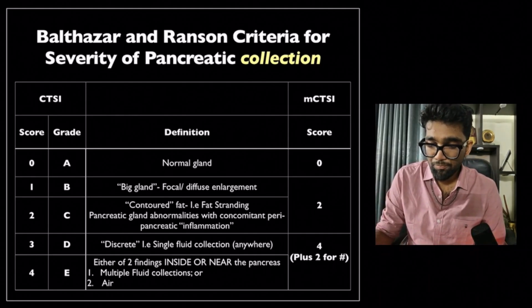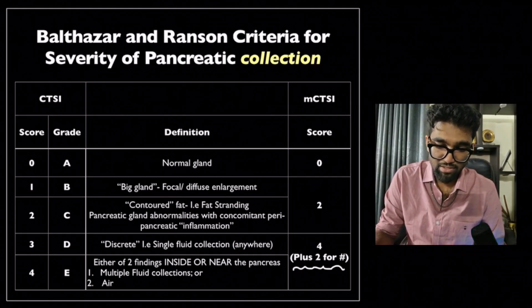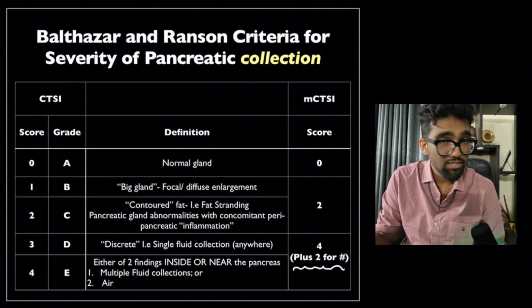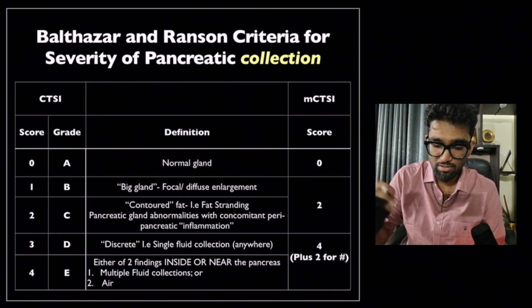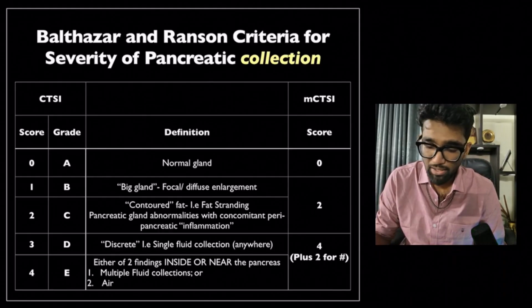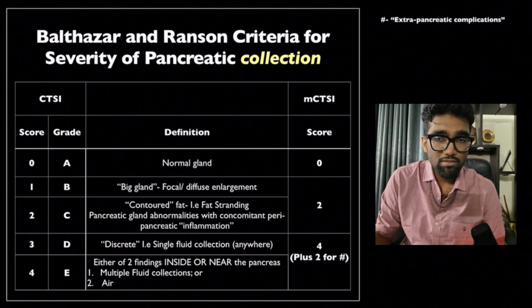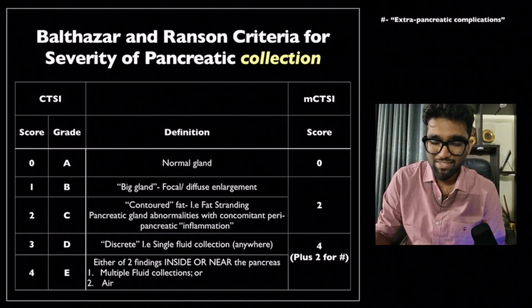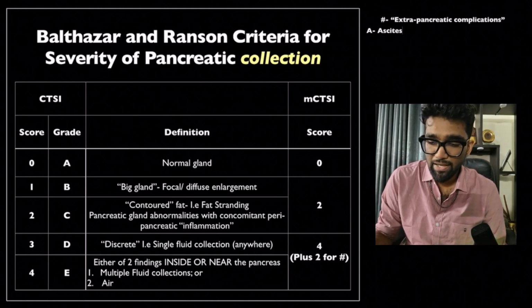Now, like I mentioned, in the modified CT severity index, unlike the original CT severity index, the other findings that are given value are the presence of certain complications that are discernible on imaging. So those complications are as follows. These are the extrapancreatic complications, with a caveat, that is those that are diagnosed on imaging. So I use a mnemonic A, B, C, D for that.